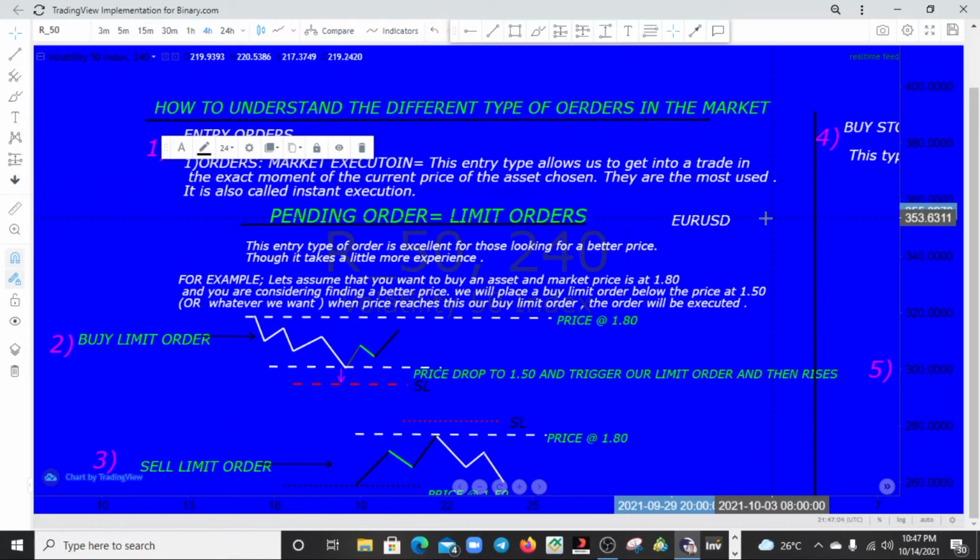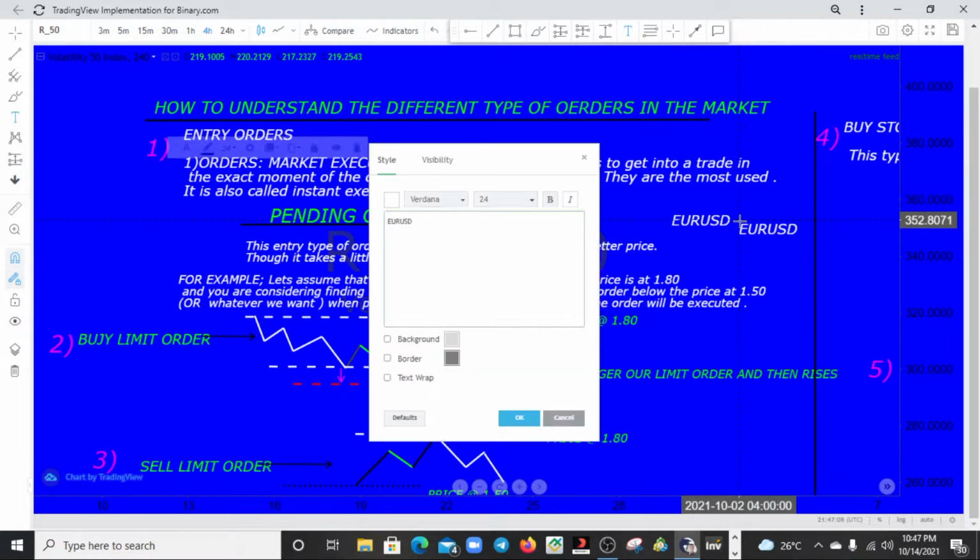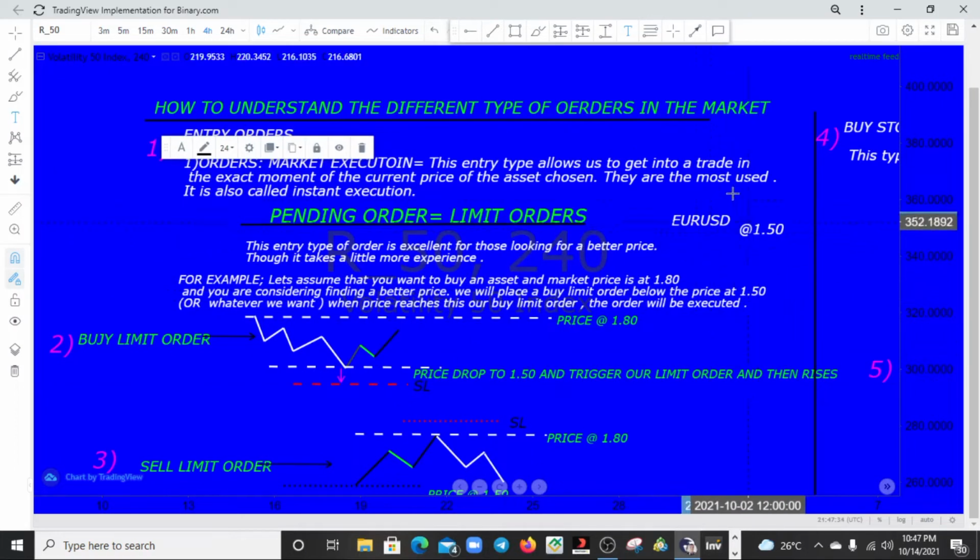The current price at 1.60 or 1.50, depending on what you're looking out for, right? 1.50. And then you instantly execute your trade right at the current price. Okay, price is at 1.50, and then you execute your trade right at this very price.